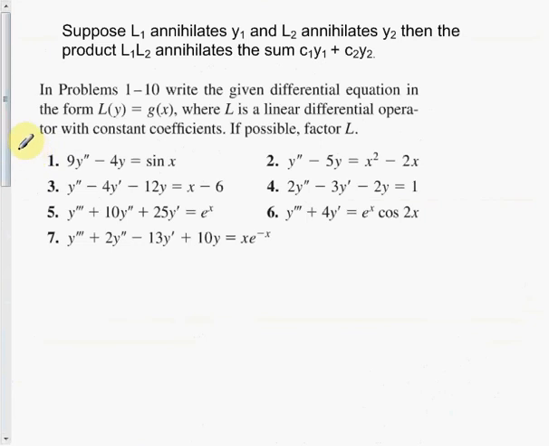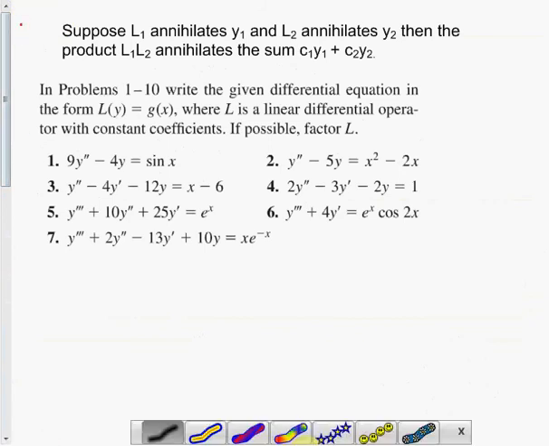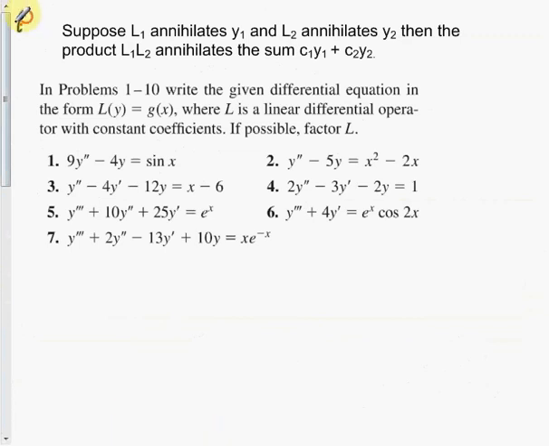Well, let's look at some problems. Here is a theorem. And I will apply this theorem to some problems down below where we need to apply it.